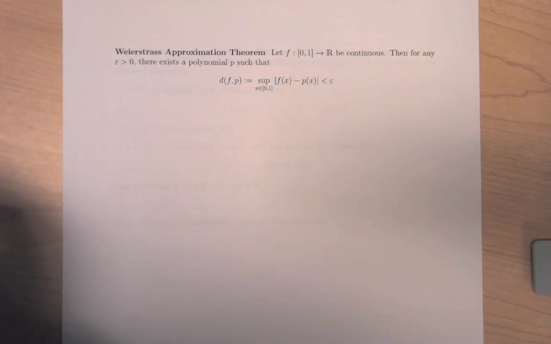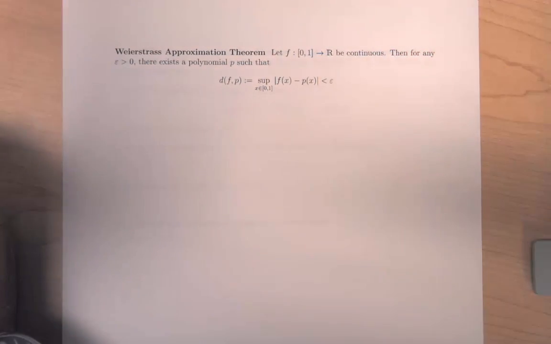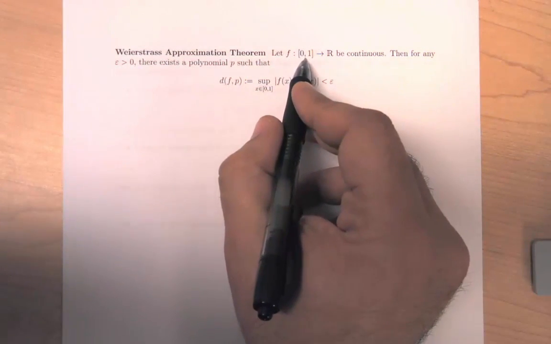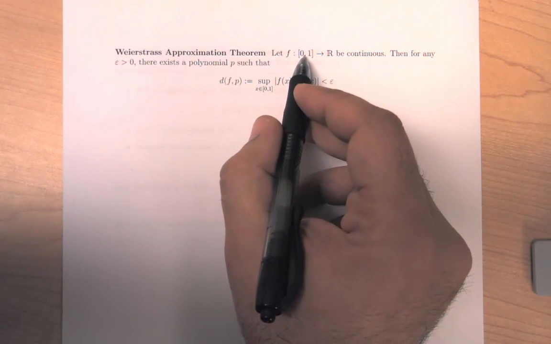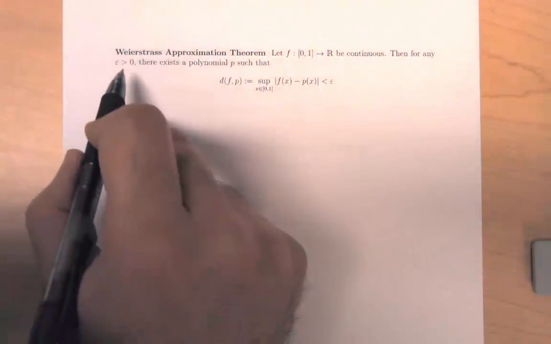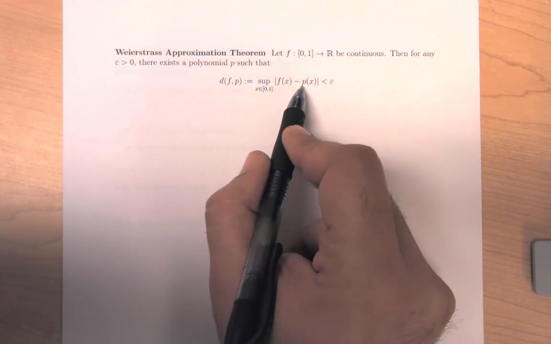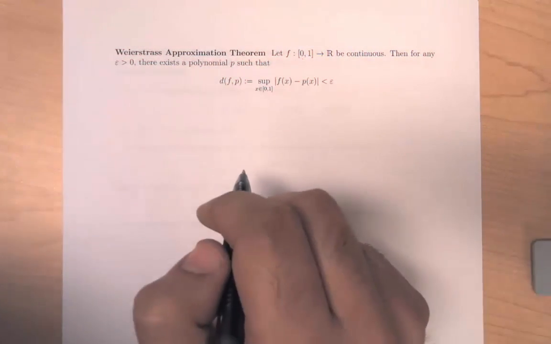So the next theorem we're going to discuss is that every continuous function is just a polynomial. Almost. Let f map the closed interval 0 to 1 to R. Of course, I could change this to a to b, but we'll keep it at 0 to 1. Then for any epsilon, there is a polynomial arbitrarily close to f.